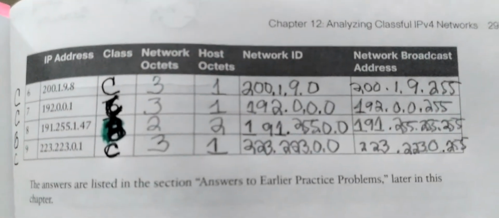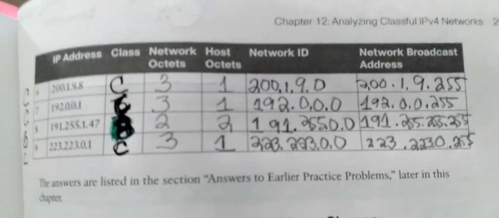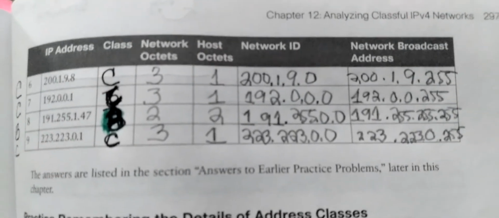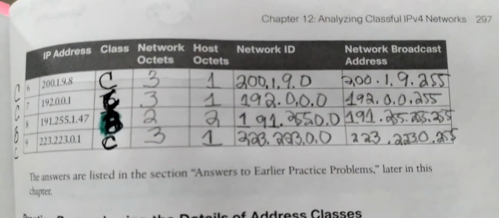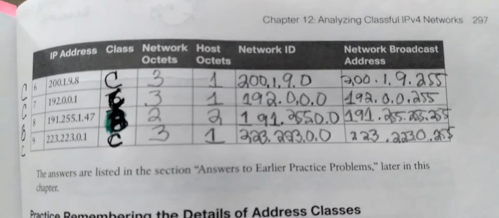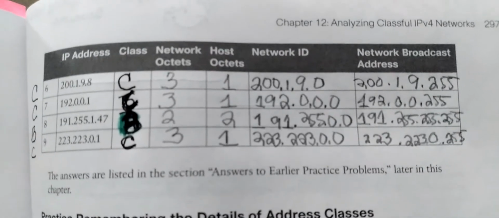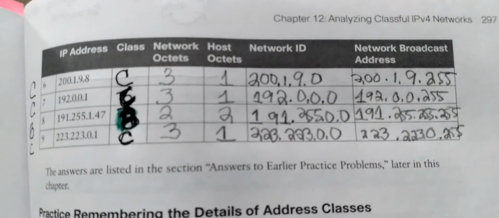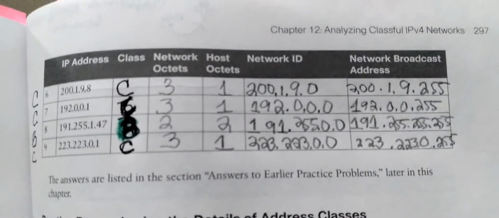So as a result, only the last host octet is changed to 0 to form the network ID 223.223.0.0. It looks a little like a Class B network number at first glance, because it ends in 2 octets of 0. However, it is indeed a Class C network ID based on all the values in the first octet.